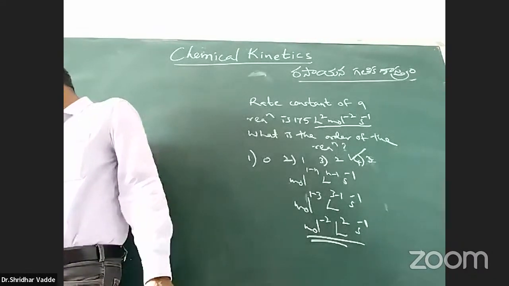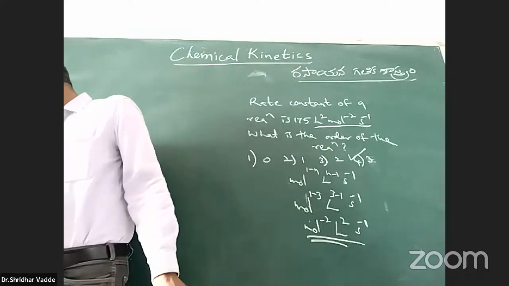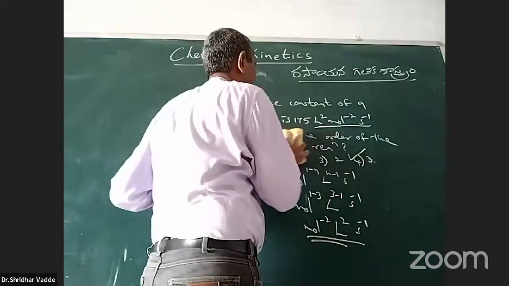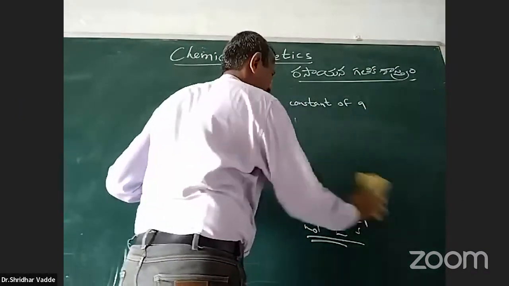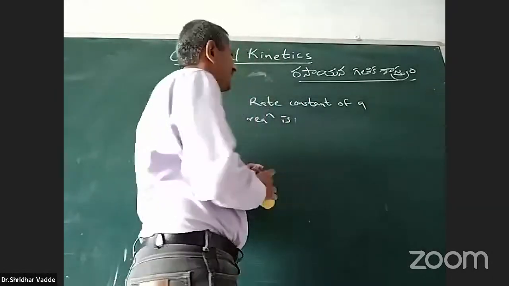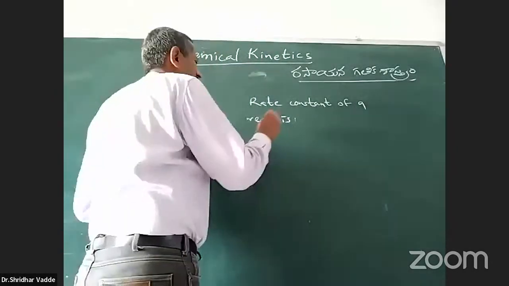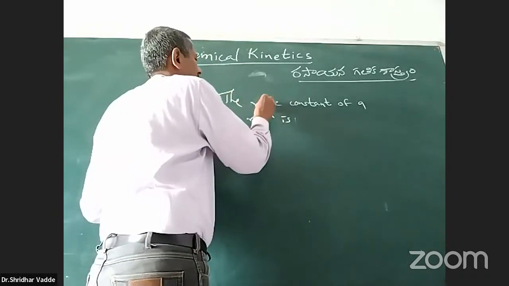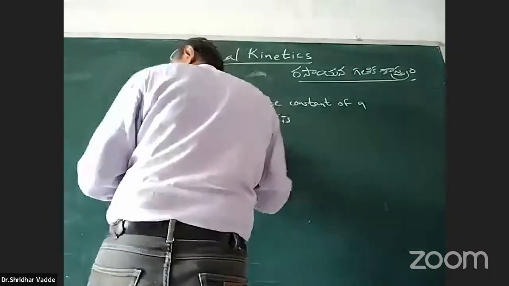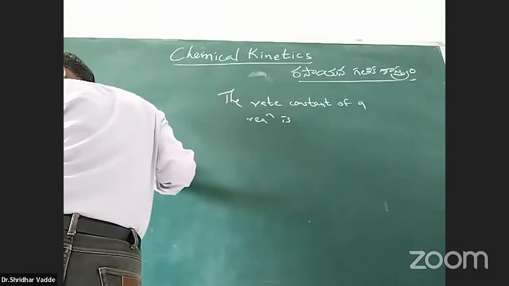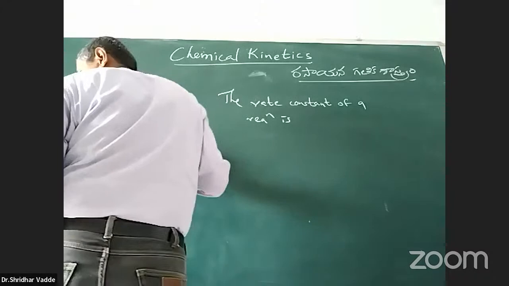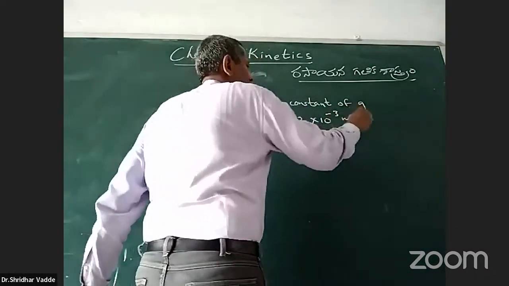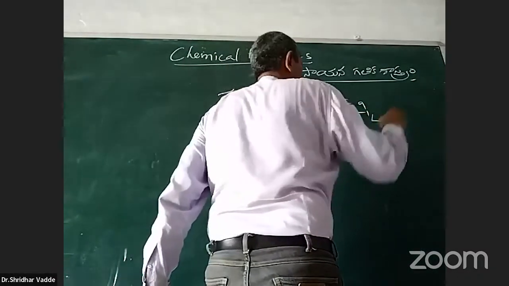Next problem. The rate constant of a reaction is 2 into 10 power minus 3 mole inverse liter second inverse.